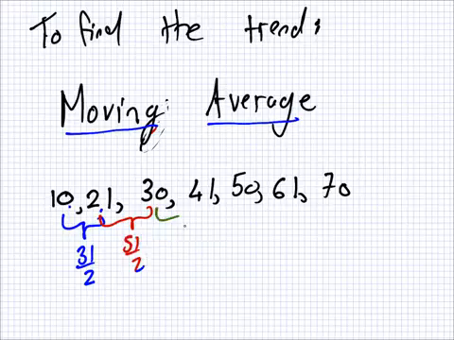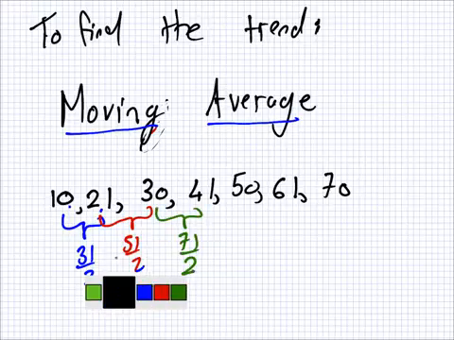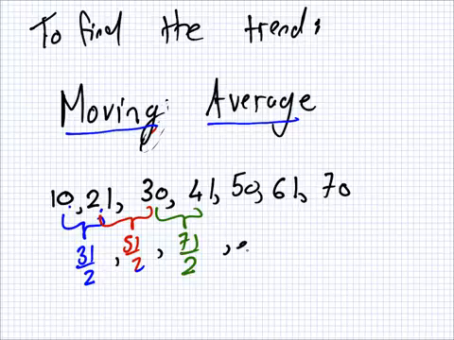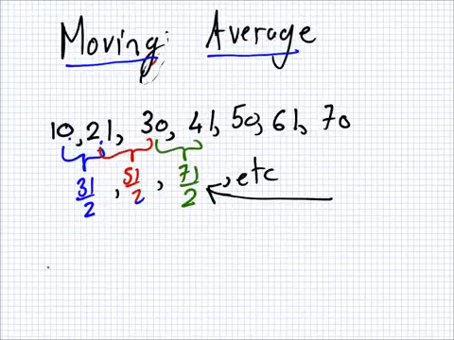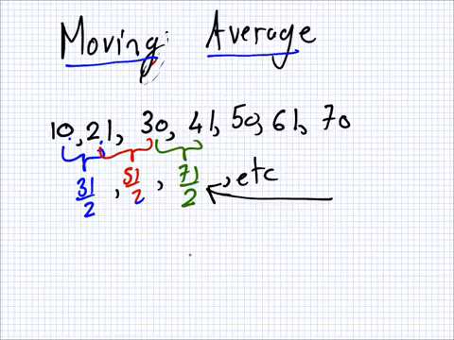And then the next one would be 30 and 41, so that's 71 over 2, etc. So these are called the moving averages. Do you always use 2 points? No. You choose how many points to use. So you can use any number of points.